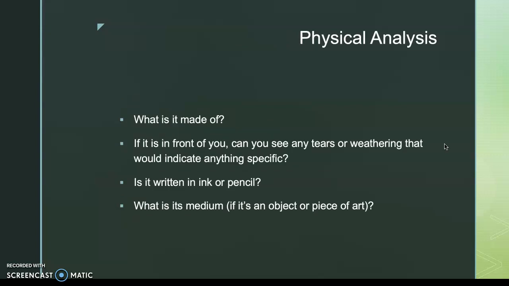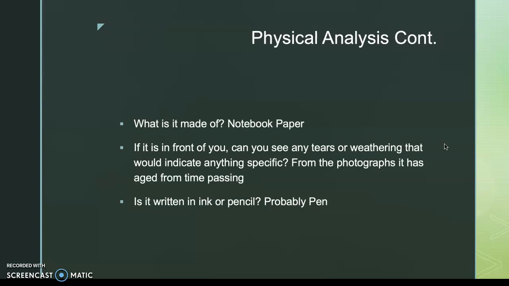So now when you're analyzing a primary source, you can also do a physical analysis. So what is it made of? If it's in front of you, can you see any tears or weathering? Is it written in ink or pencil? What's its medium? Different questions like that. You just look at the physical object. So for this one, it was notebook paper, something that you and I would have. It's not really in front of us, but from the photographs you can tell that the paper has aged.